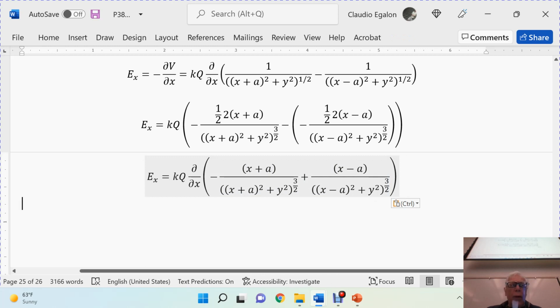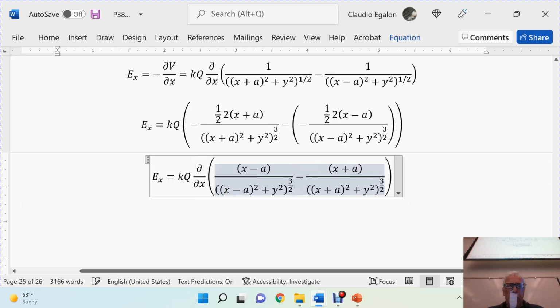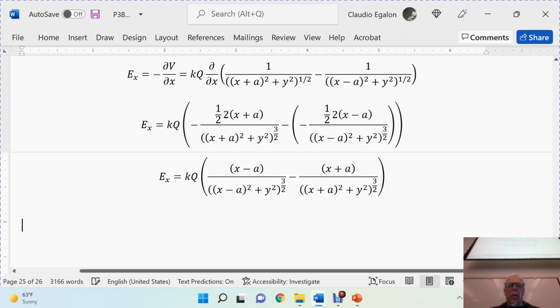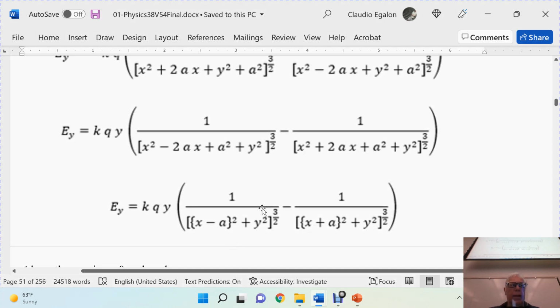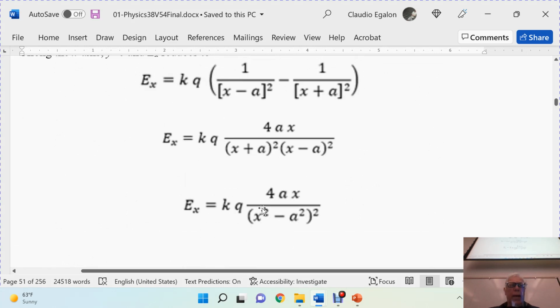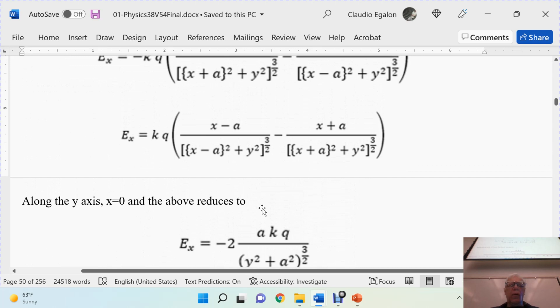Okay, and I'm going to commute this term here. And that's our electric field. Something like that. That's the x component. Okay, that's the generic solution right in here.